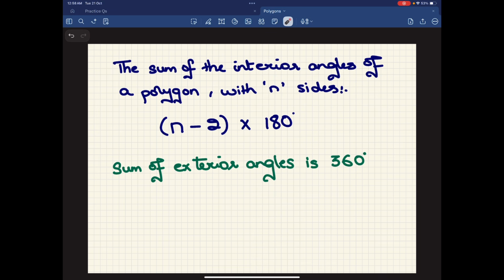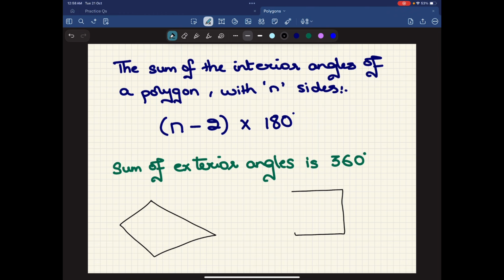Okay, so what I mean by this is that, for example, if you have an irregular quadrilateral and a regular quadrilateral, so this is a square, the sum of the interior angles of this quadrilateral, which is an irregular one, will be 360 degrees. We substitute the value of n as 4.